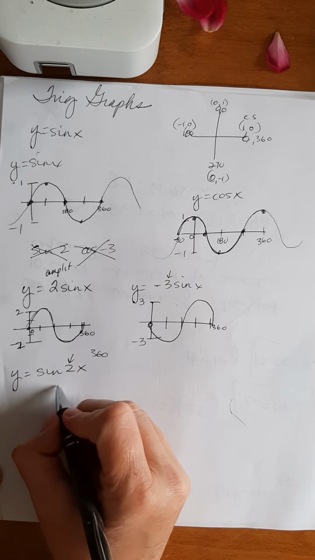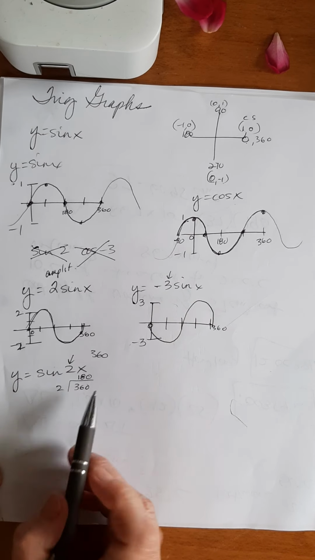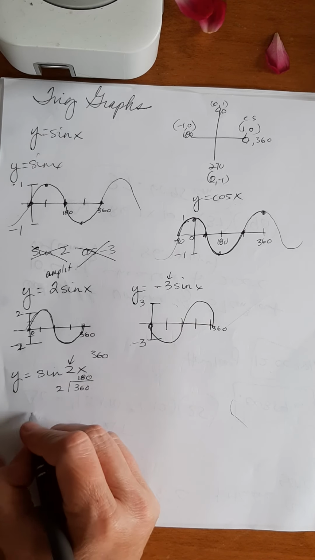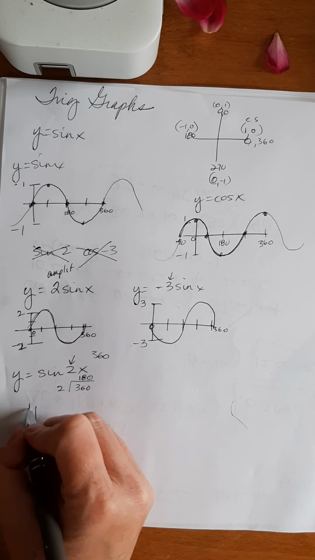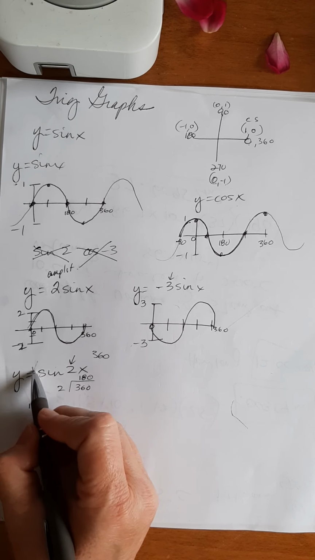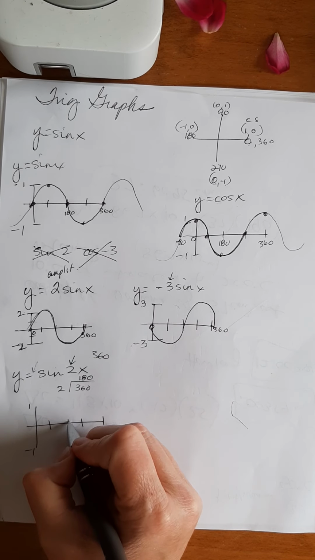So that means if you divide 2 into 360, you're going to have 1 complete curve every 180 degrees. So you still got 1 to negative 1, because see, there's a coefficient of 1, nothing out front.